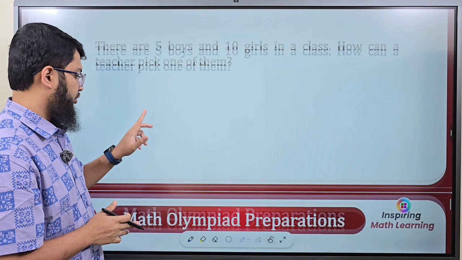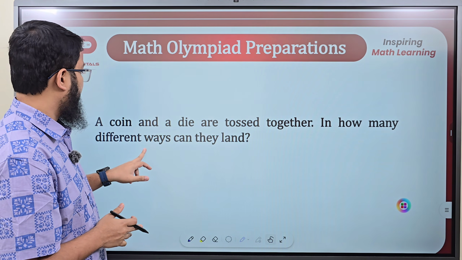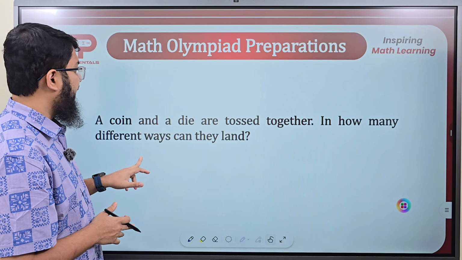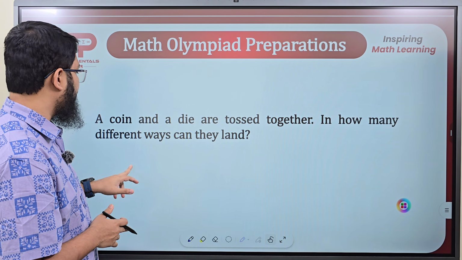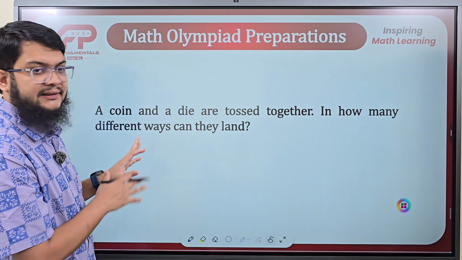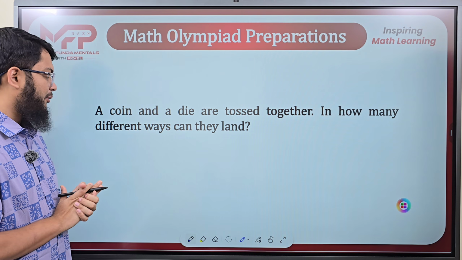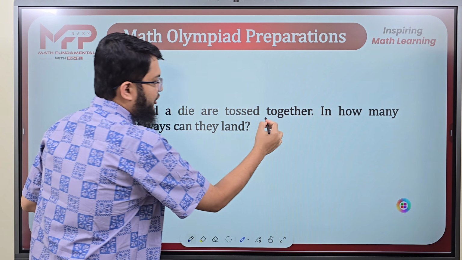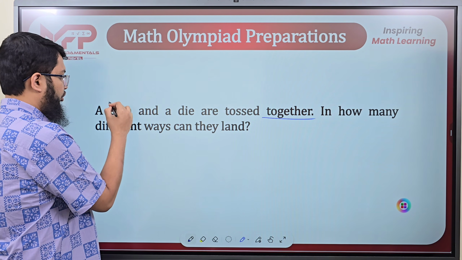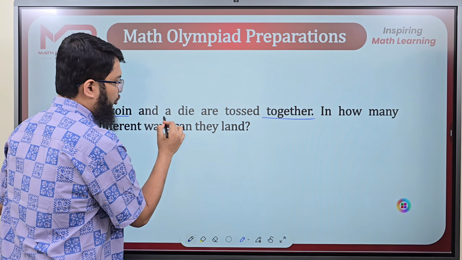Now let us move to another question. A coin and a die are tossed together. In how many different ways can they land? Okay, now this is a bit different, right? This is not addition. Why is this not the addition principle? Because they are tossed together. Okay, so one item here and one item here.